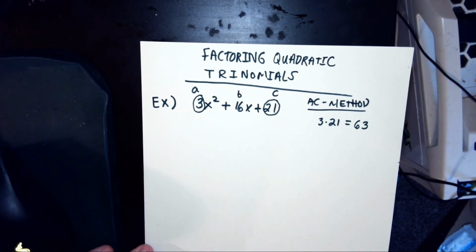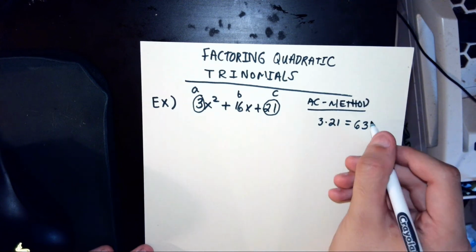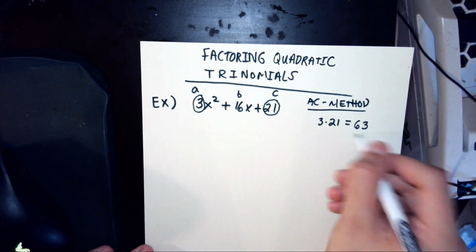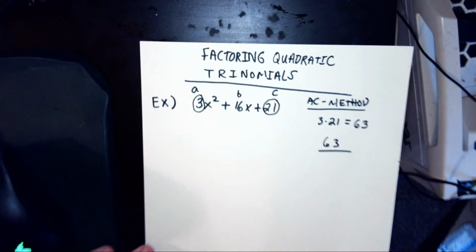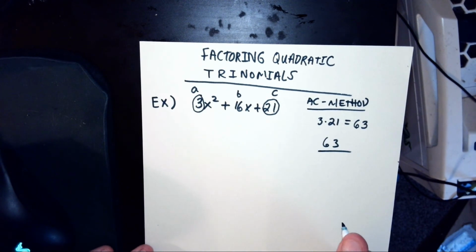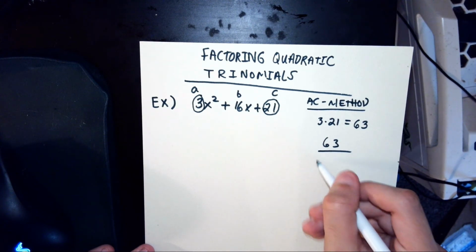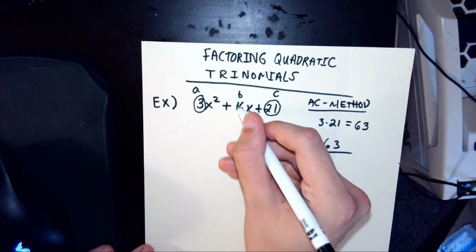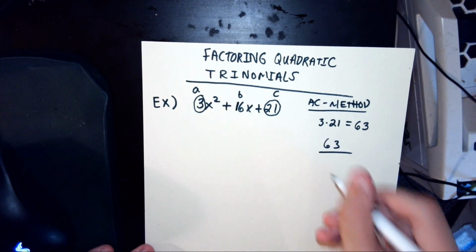So now we want to take the number 63, we'll write it down here, and we're going to consider all of its factor pairs. We want, in particular, the factor pair for which, when you add the two numbers together, you get 16. So let's just go through and list them.